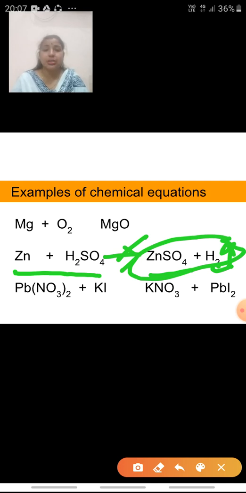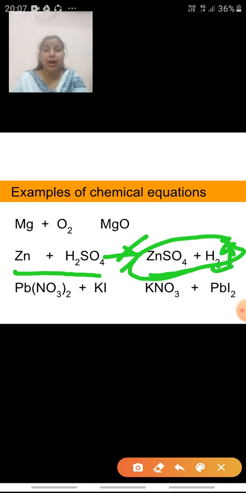Now in this reaction, what is happening? Zinc reacts with dilute sulfuric acid and results in the formation of zinc sulfate and hydrogen gas. Here for zinc we have written the symbol Zn. For sulfuric acid we have written the formula. Zinc is an element, so we write a symbol.